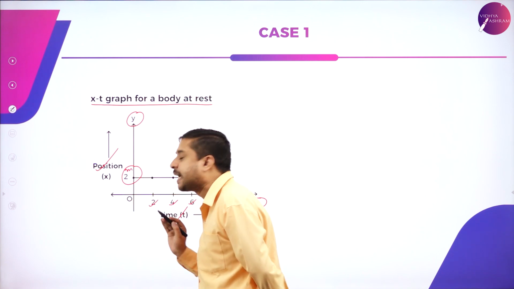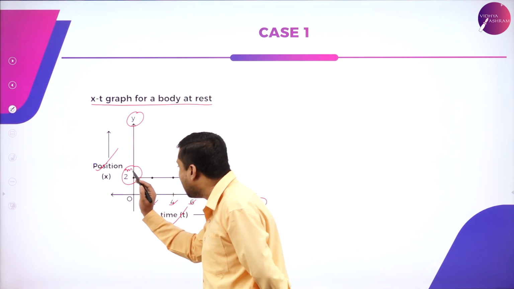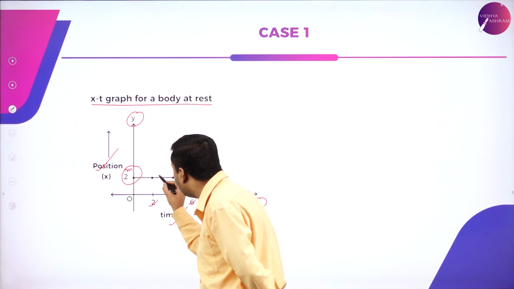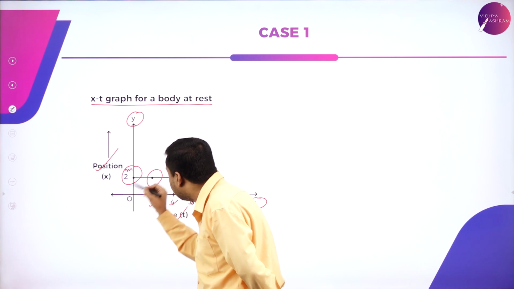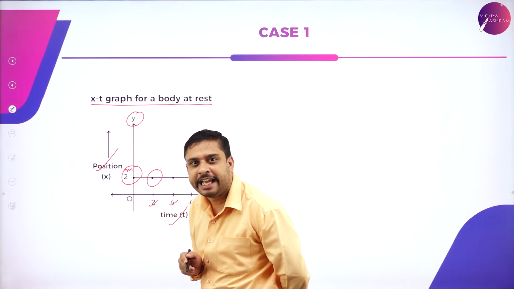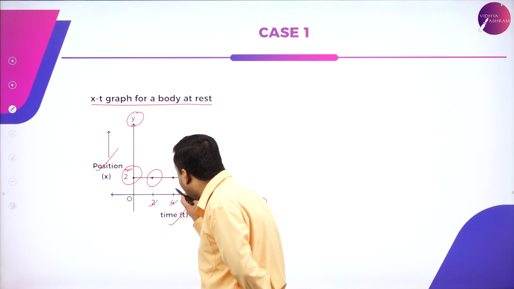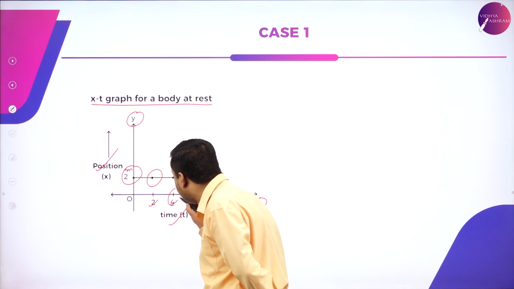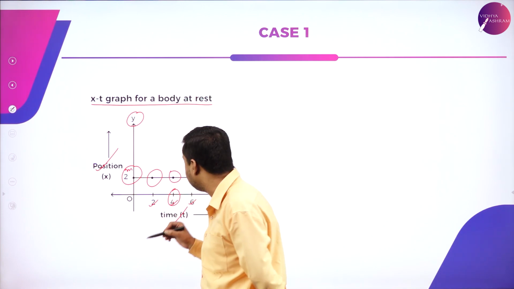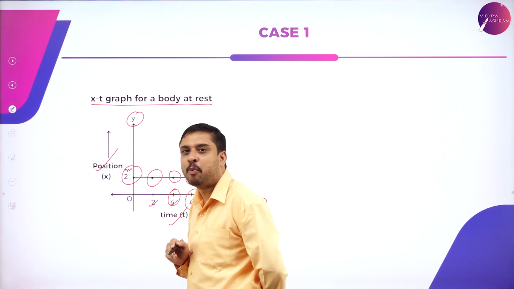After 2 seconds, kindly note, time has elapsed. After 2 seconds, still the position of the body is 2 meters. Again 2 more seconds, the 4th second, same position. 6th second, same position.